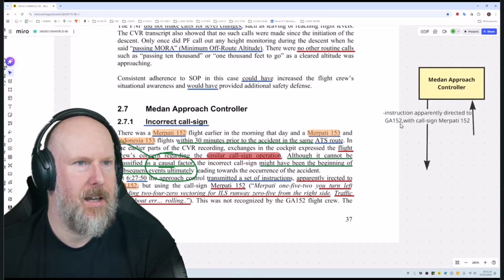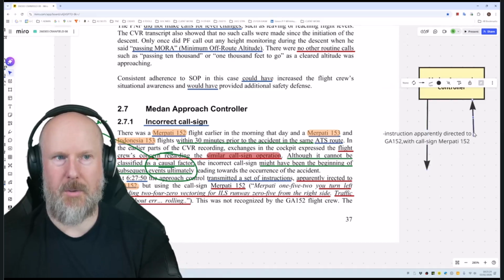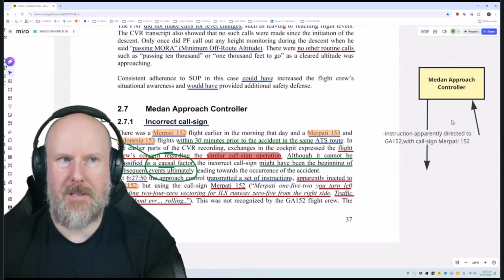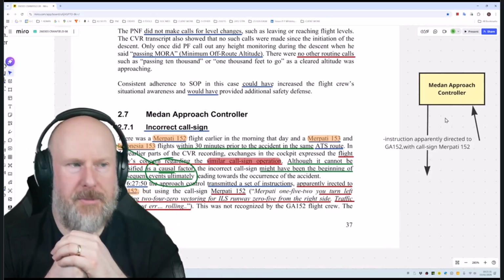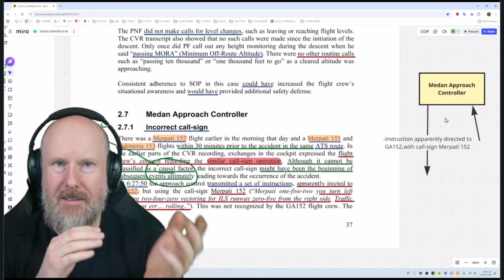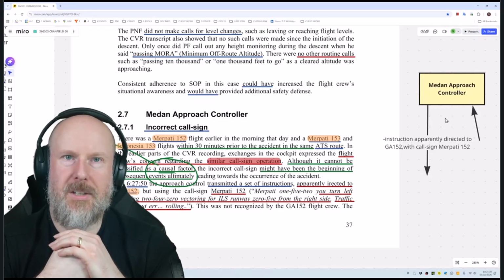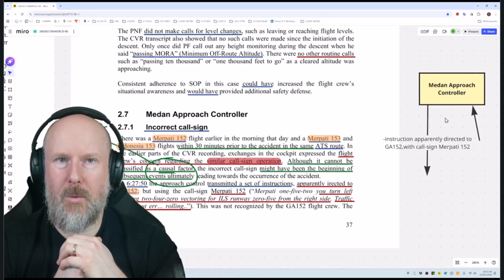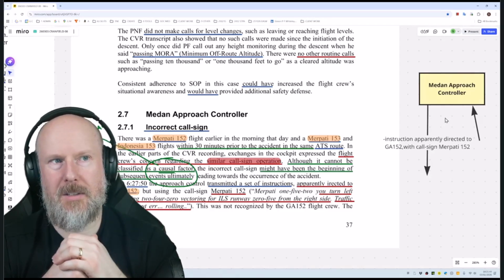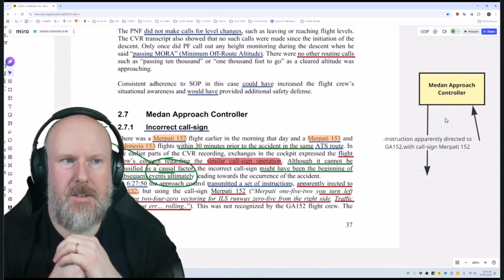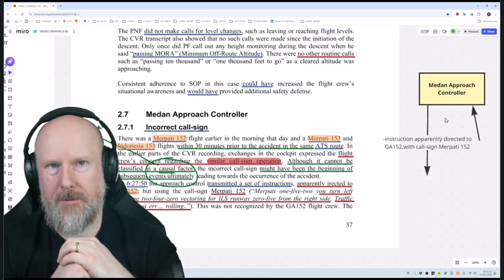So you could argue that there is a potential contributory control action from this median approach controller. But there isn't enough information at this stage to really say, yes, that definitely is a contributory control action. But it's certainly a candidate that we would want to look at and think about. So again, why would it make sense for the median approach controller to refer to Mapati 152 instead of GA152?